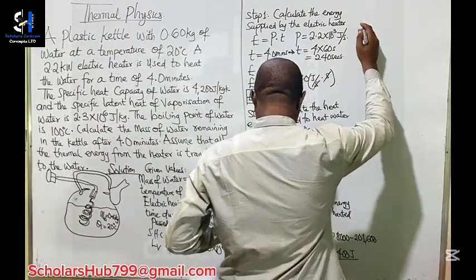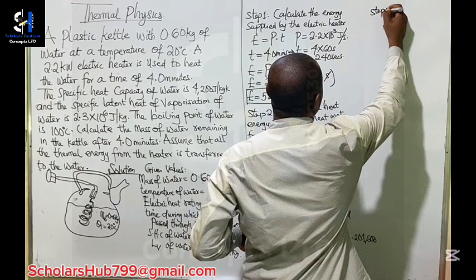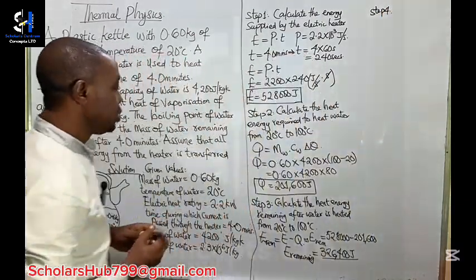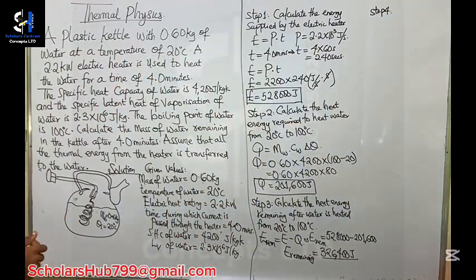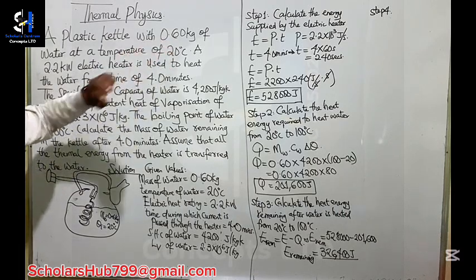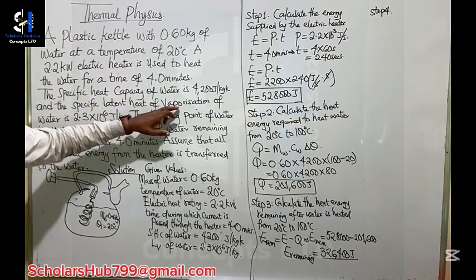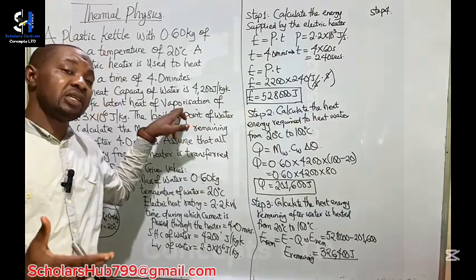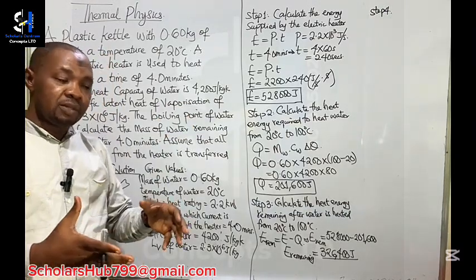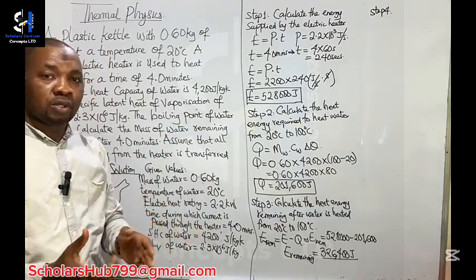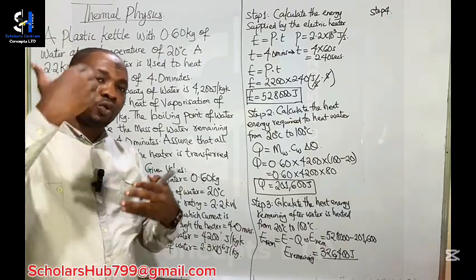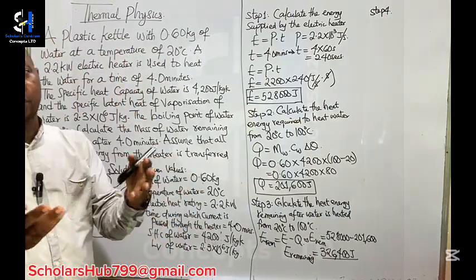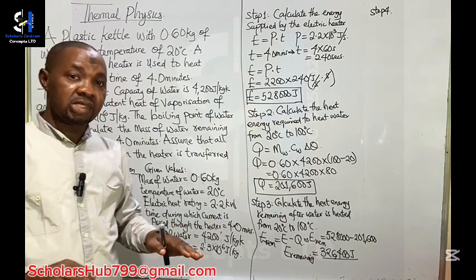So the next step, which is step 4. Now that we know the energy remaining, and we are given the latent heat of vaporization of water. Latent heat of vaporization is the heat energy required to break the bond between liquid molecules by allowing them to go into the vapor phase at a steady temperature.